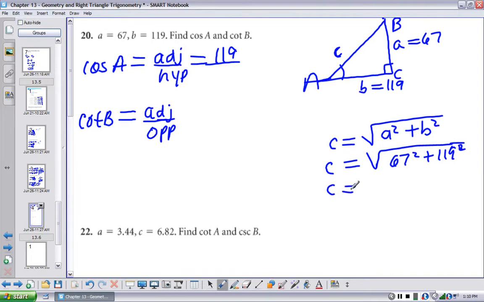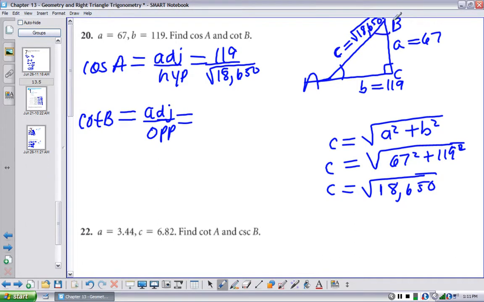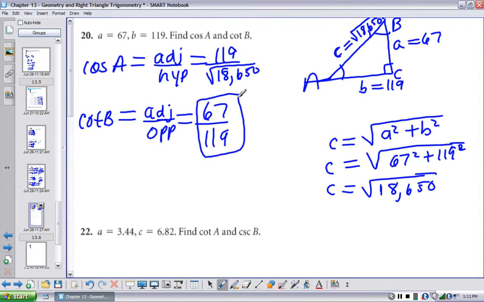So C is going to be the square root of a large number, 18,650. So this is 119 over the square root of 18,650. And then we go to cotangent B, it's adjacent, which is 67 over opposite, 119.